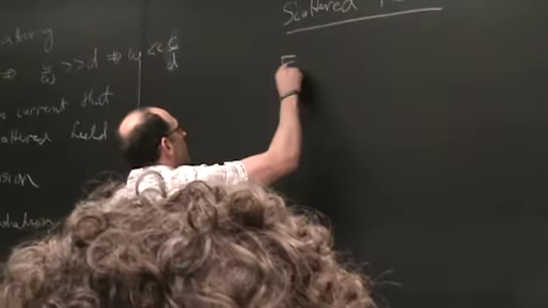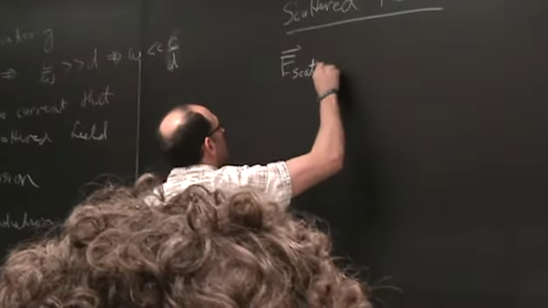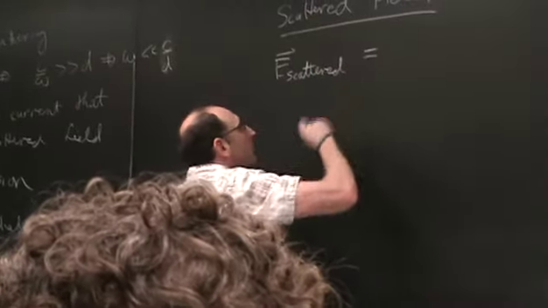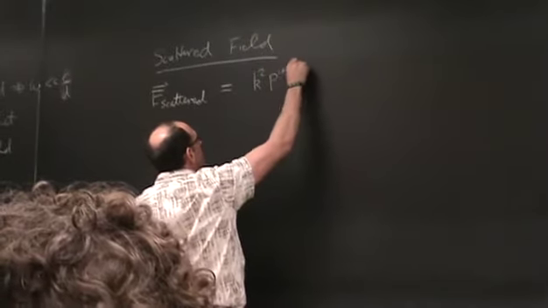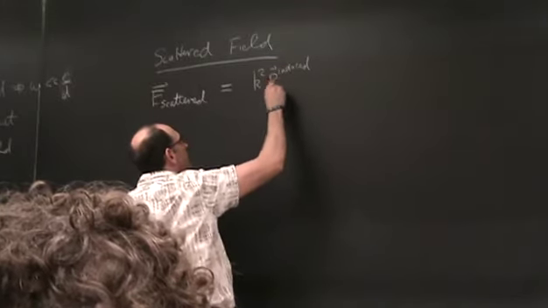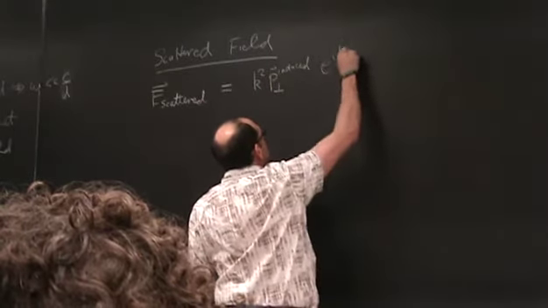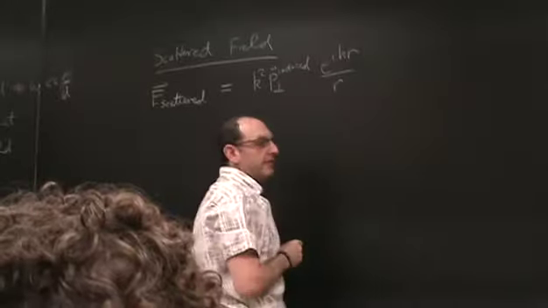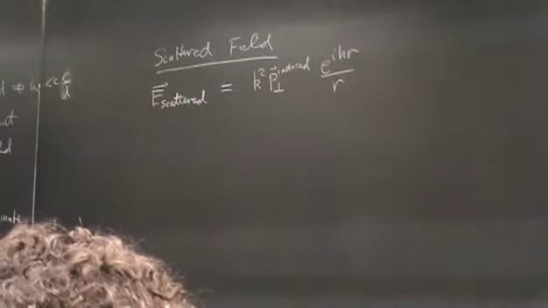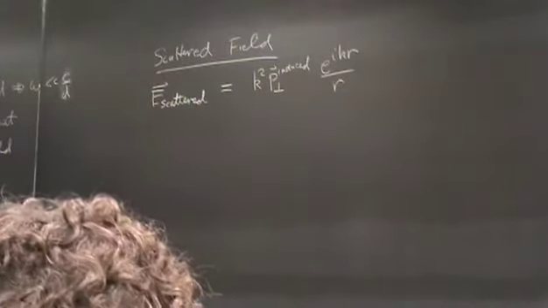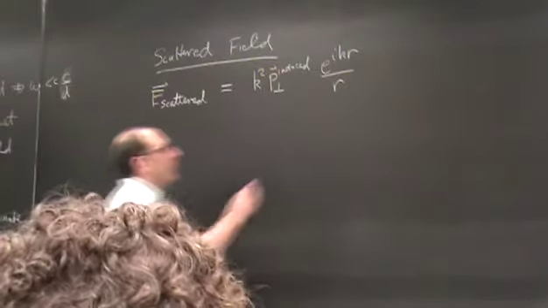Well, it will just be the induced dipole moment radiating electric dipole radiation at the frequency of the incident wave, assuming I'm driving at that frequency. Okay, so that's the complex amplitude, e to the minus i omega t. All right? That's electric dipole radiation.